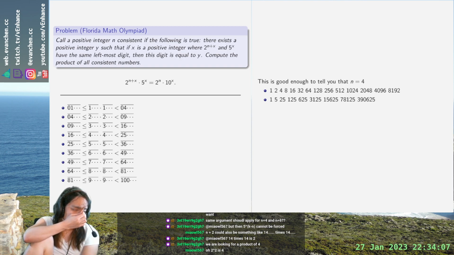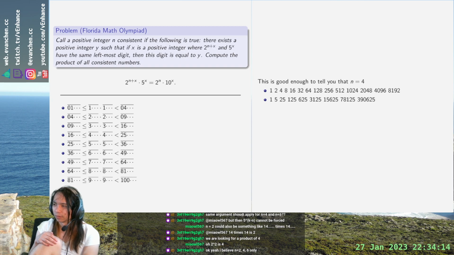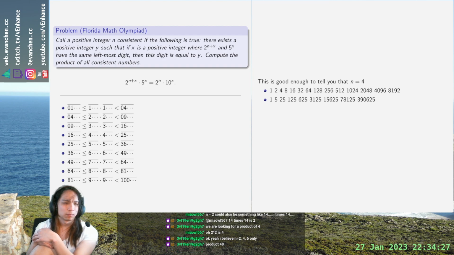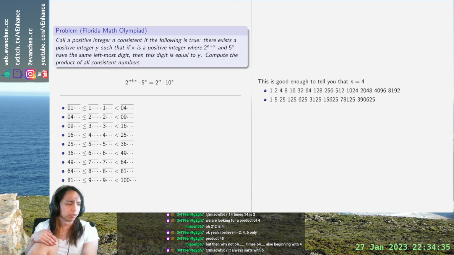Like, I feel like if your product is 2, 4, 6, I would believe that, honestly. I just... why is it not okay... If you have two numbers whose product is 4 times the power of 10, how do you show that you don't have both 2 and 6?